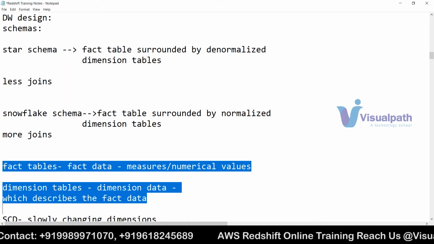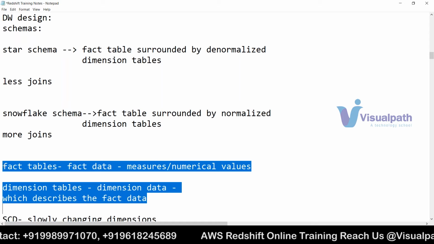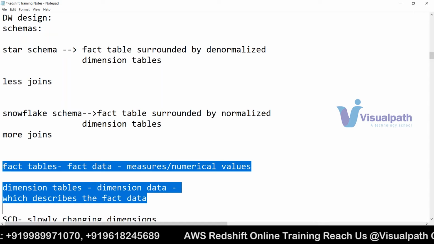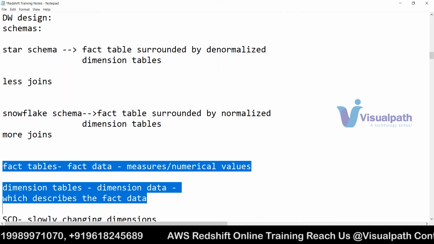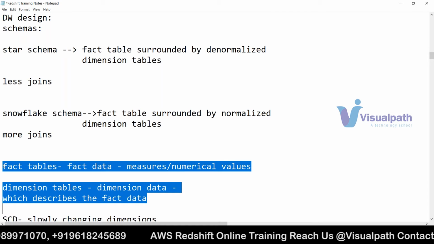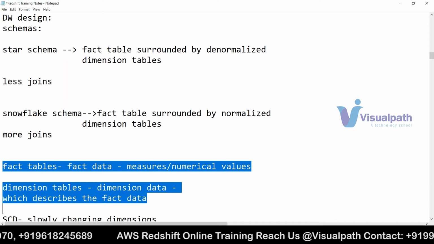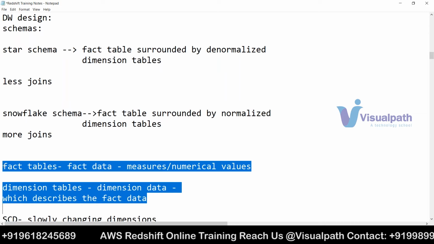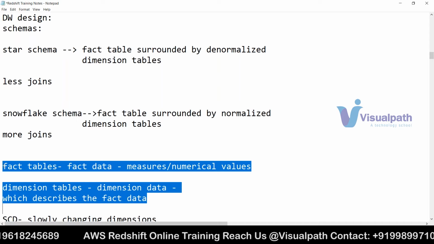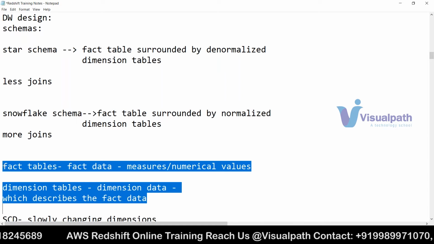The people expect that you know these terms, because we are into data warehousing. So fact data means the numerical values or measures. A fact table means a table which holds numerical values or measures. And dimension data means data which describes the fact data.